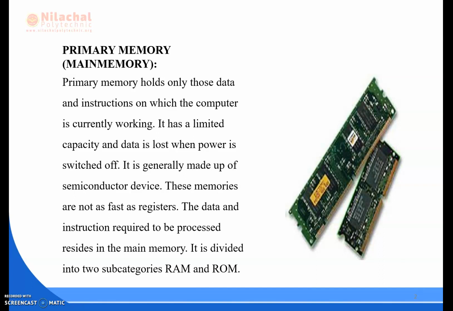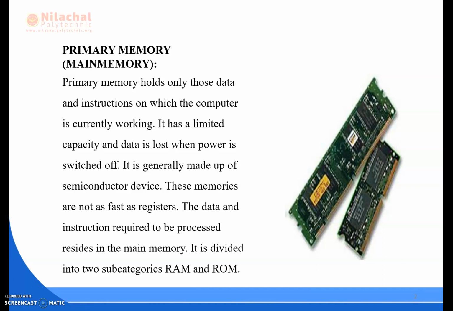Primary memory is the memory that holds only those data and instructions on which the computer is currently working or processing. So when we are currently working on something, that particular task is stored in the primary memory. It has a limited capacity and it is normally volatile in nature.